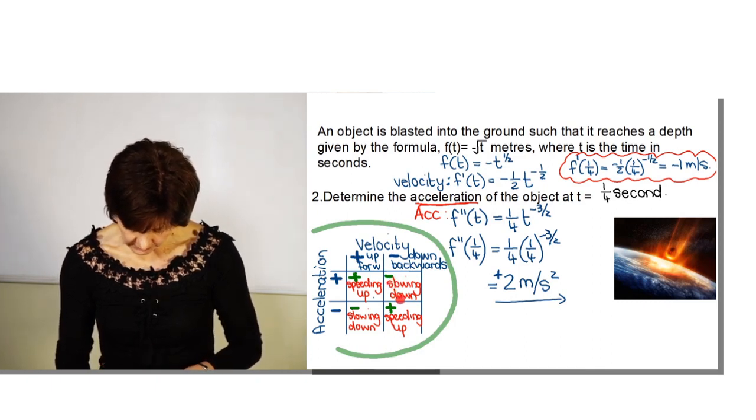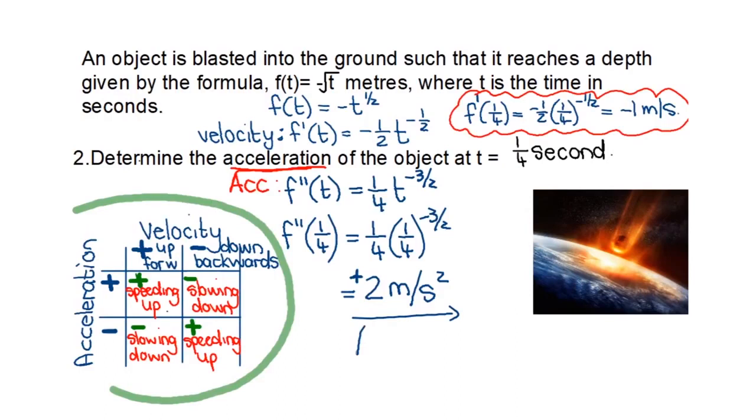So velocity was negative and the acceleration was positive. Then I get to this place here where it says the object is slowing down. So what's happening here is the object is actually slowing down. How is this object slowing down? It's slowing down by 2 meters per second every second.